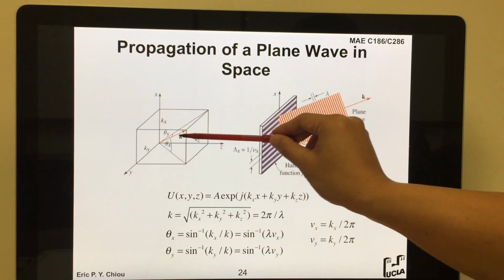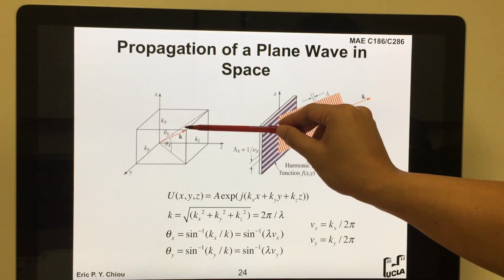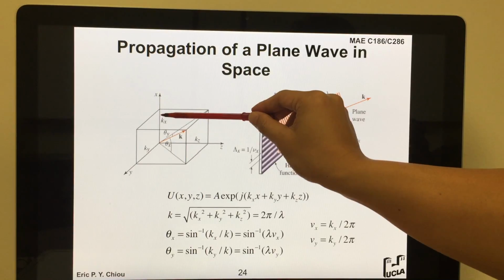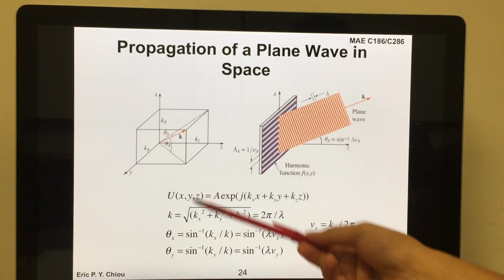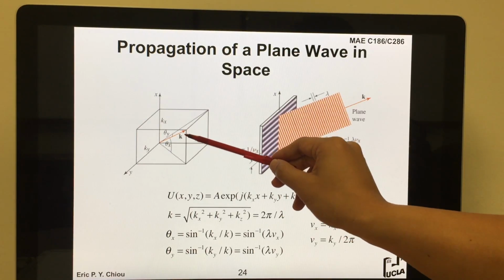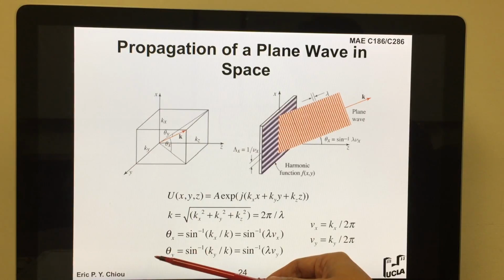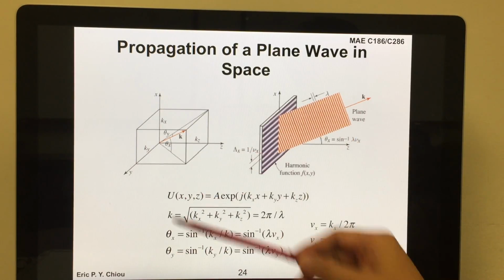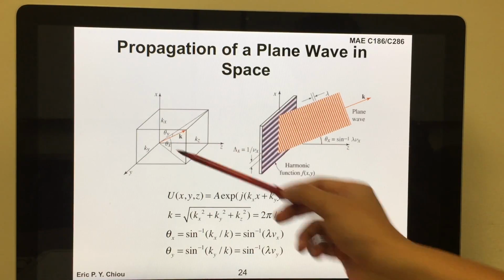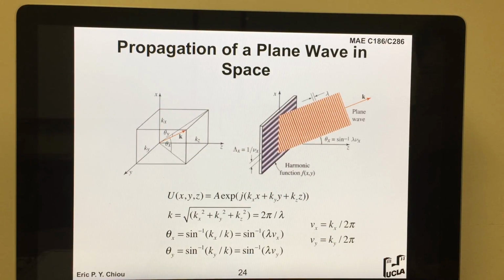If you want to know the kx in this x direction, it's k times sine theta x, which is this part. And ky is the same thing, with the theta y projection.